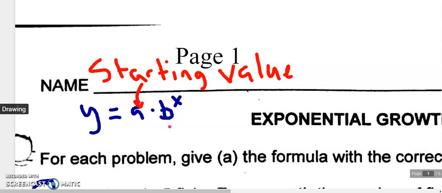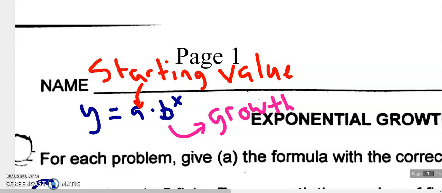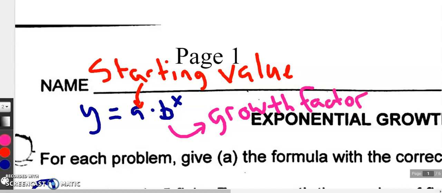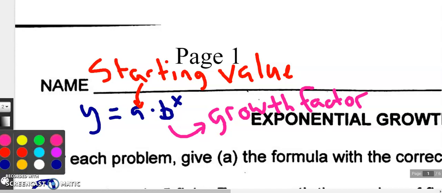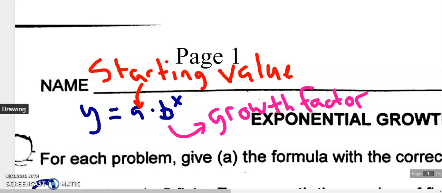The second number, or the base, is going to typically represent some sort of growth factor. And then the x will usually represent something like time.